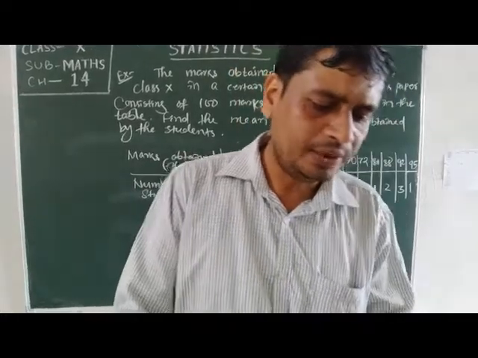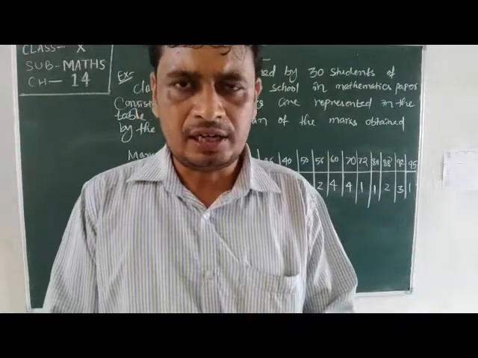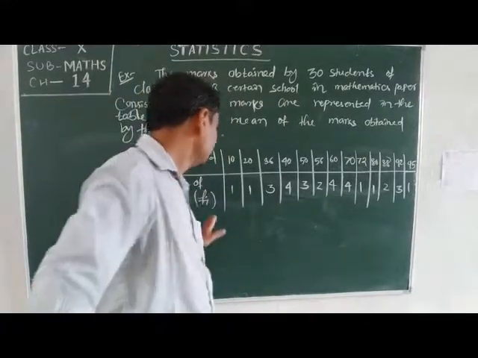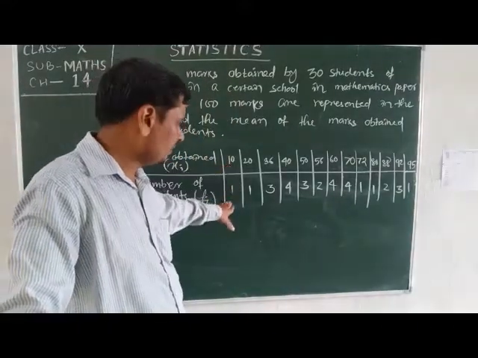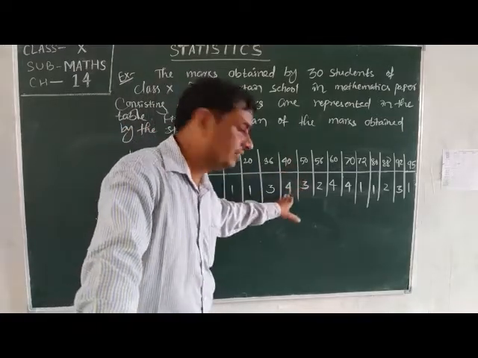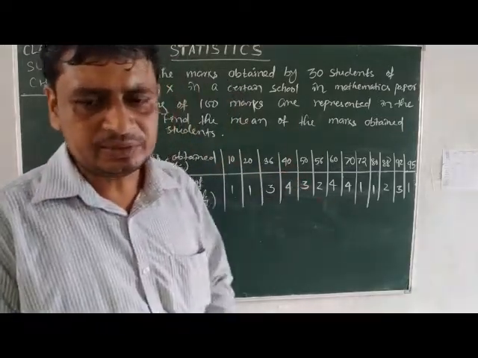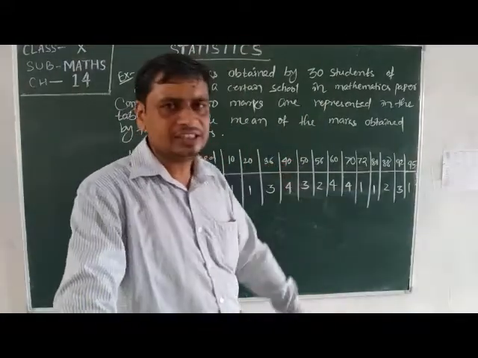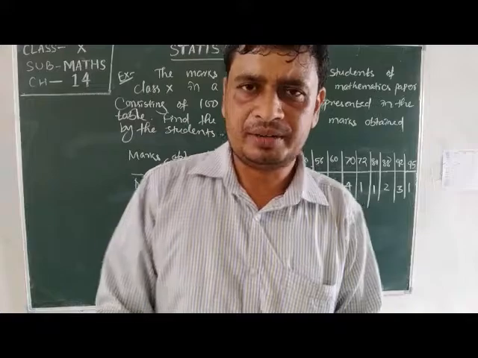So first we have to add all the observations. But how to add all the observations? Since 10 is present once, 20 once, 36 twice, 40 four times, if we add only 10, 20, 36, 40, then we will get a wrong number.